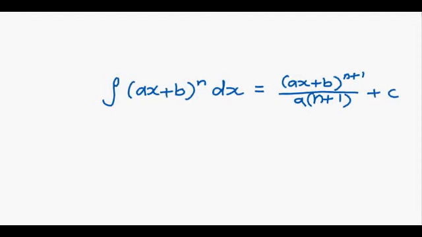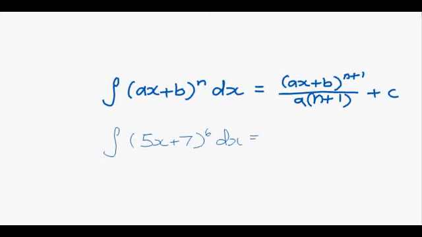Basically, this is really useful if you have a question that looks like this. Let's say you had to find the antiderivative of (5x + 7)^6. Now, you could expand that, collect terms and then antidifferentiate that. But given this formula, we don't need to do that.